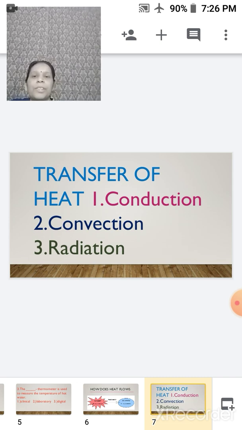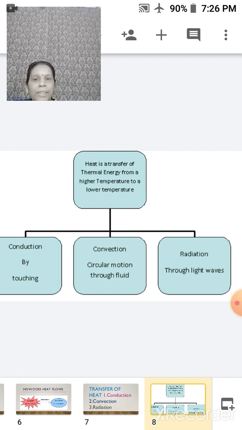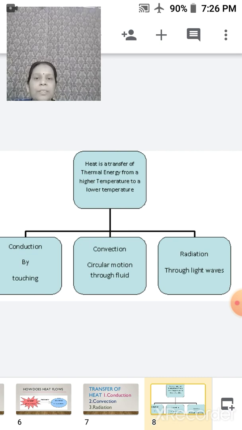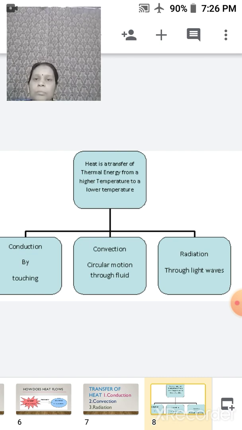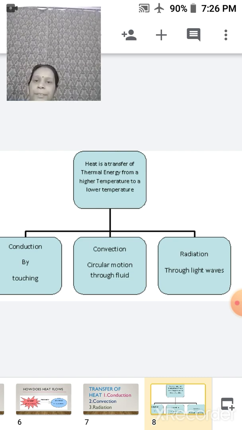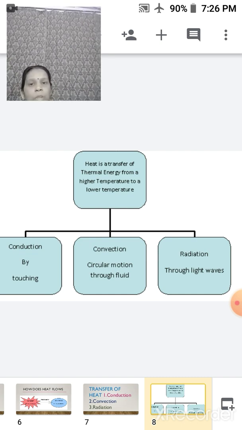Today we will start with conduction. When we talk of conduction, the heat is transferred from the higher temperature to a lower temperature. This I told you yesterday also, and I am telling you now also.